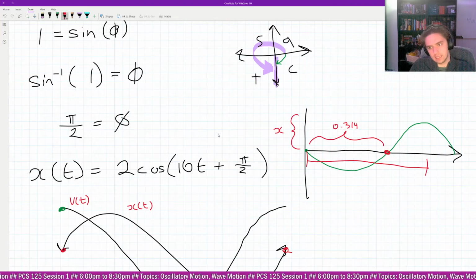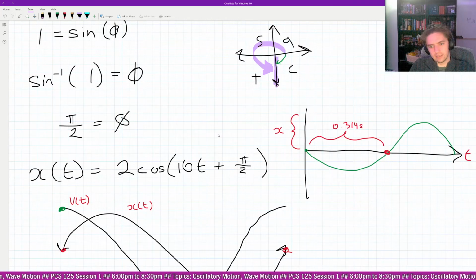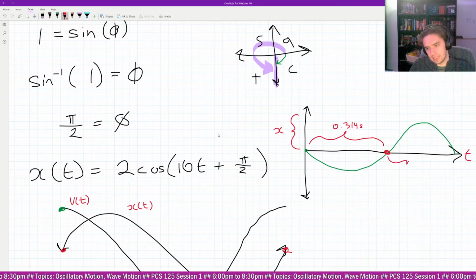This is x and t. So that red line at the bottom is the time that it takes. Oh, sorry, this is seconds. Yeah, this is the seconds, right? Okay. So 0.314, that makes sense. We got that number, and now we have to find this number.